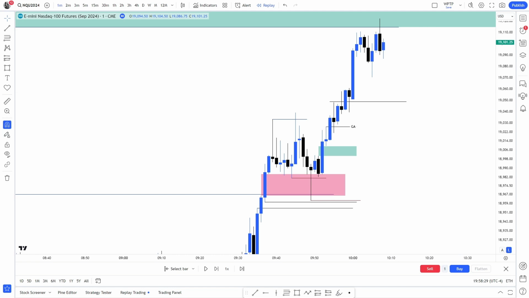So hopefully you can use this model and implement it, because you won't need another model. If you can make 3R, I've even made 6-7R off a golden arrow in less than 20 minutes. So just focus on it. All time frames it works on, all MMXMs it works within, so make sure you utilize it.